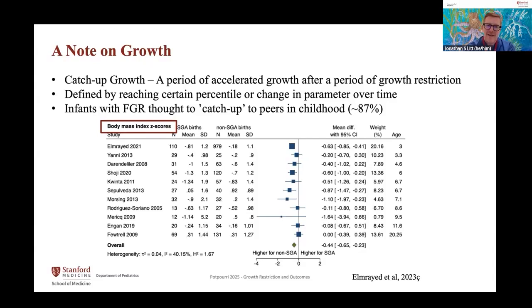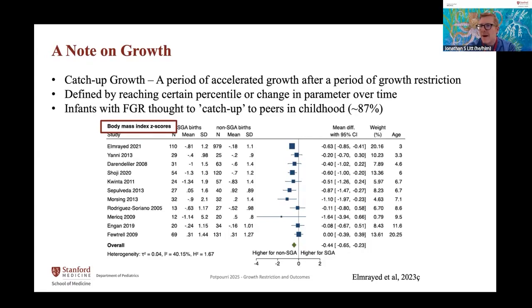Here we have a meta-analysis that shows body mass index z-scores in early childhood, and it shows that children's body mass index tends to be higher for children who didn't have growth restriction or were not small for gestational age. And again, unfortunately, these terms were used a bit interchangeably, so it makes it difficult to draw conclusions. And we again don't know about the rate of catch-up growth for these children.